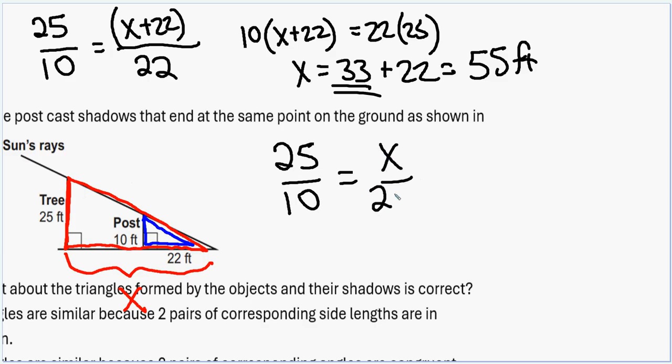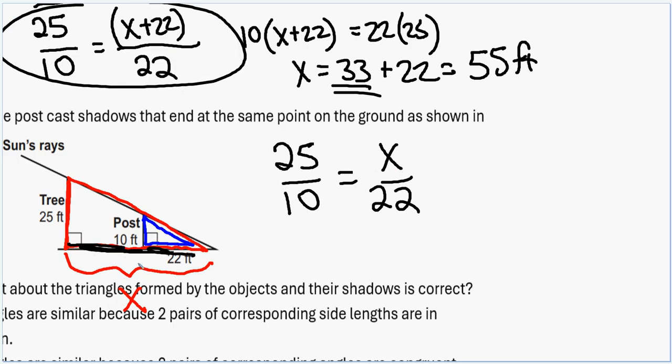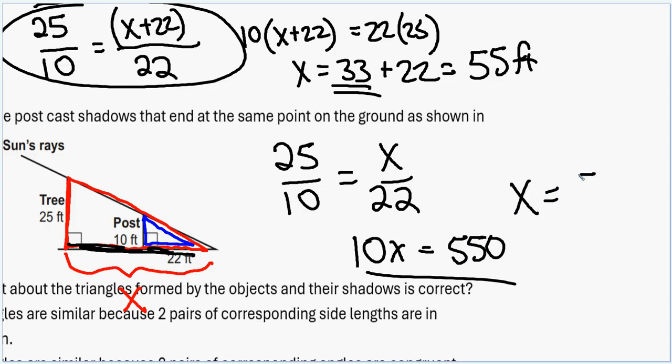The proportion's a little different if you look at what we have up here, but our final answer will be the entire shadow. So we're going to have 10x equals those multiplied together, which is 550. When you divide through by 10, you're going to get the final answer, x is 55, because we set it up to solve for this entire side.